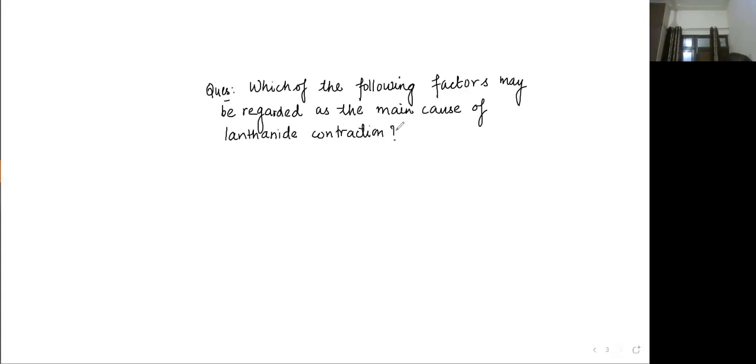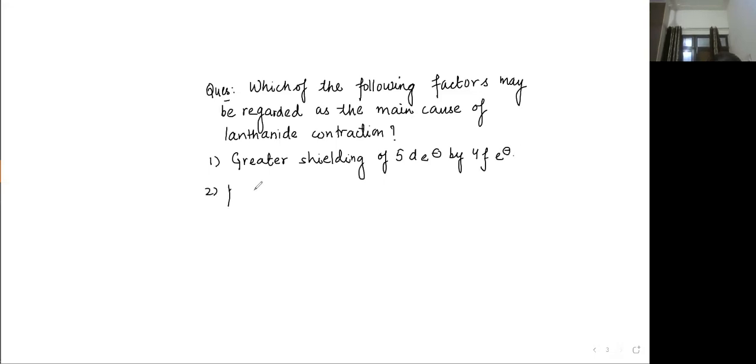Read these statements properly and after that try to do. First, greater shielding of 5d electron by 4f electron.